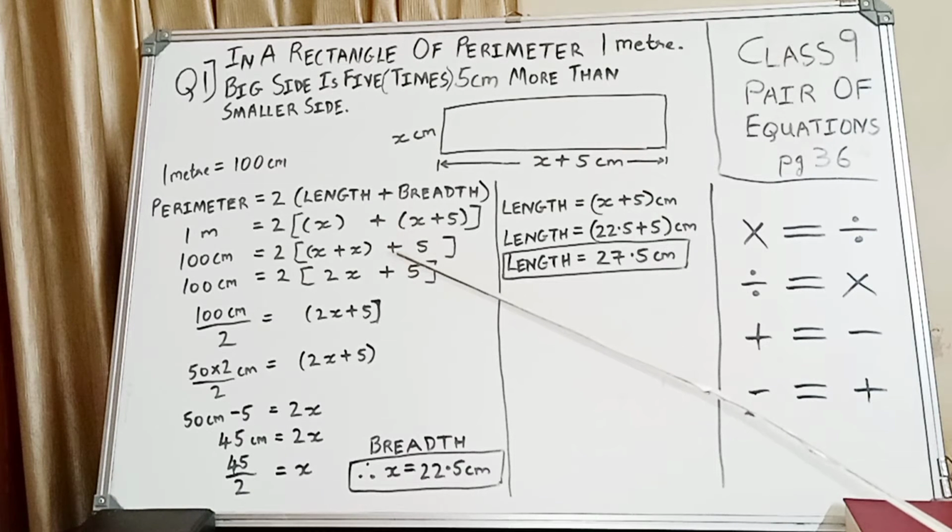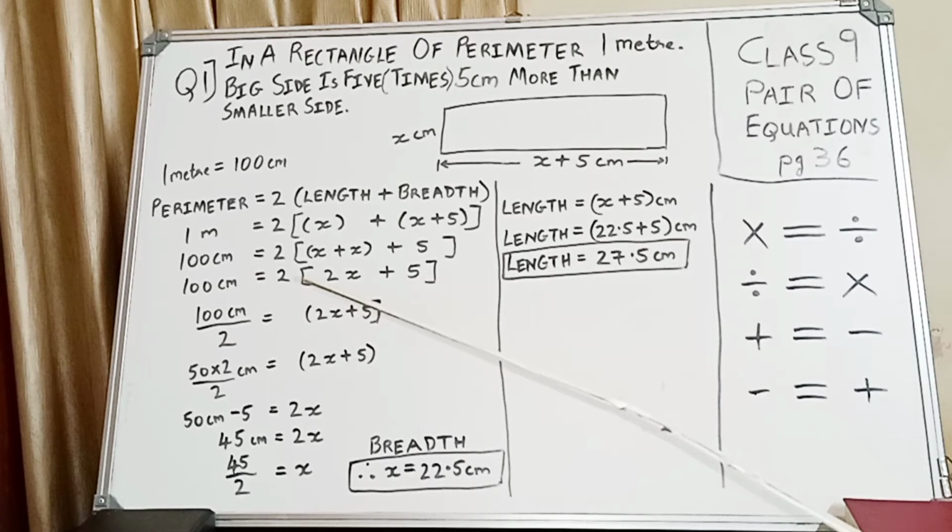This 1 meter will be converted into 100 centimeter. 2 into bracket open, x and x terms will get added and you will get 2x plus 5. So this is 2 into 2x plus 5.